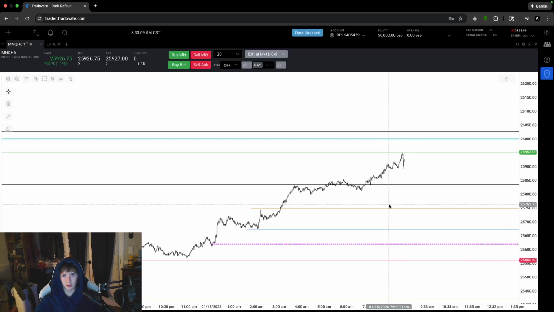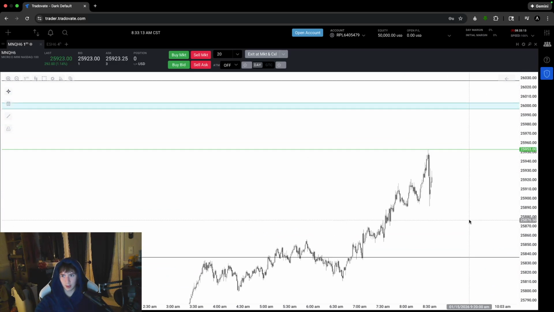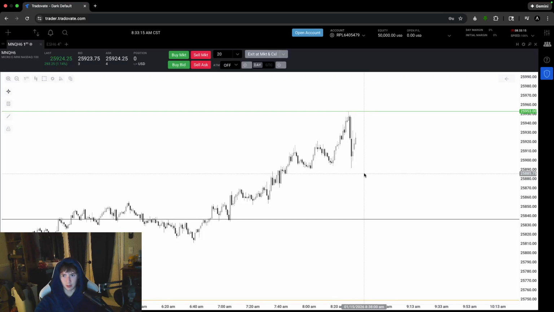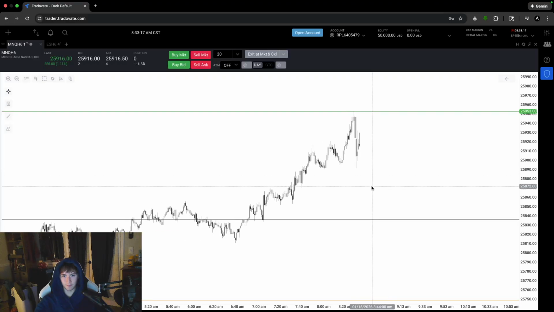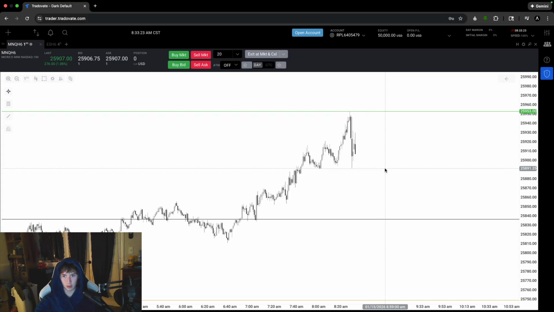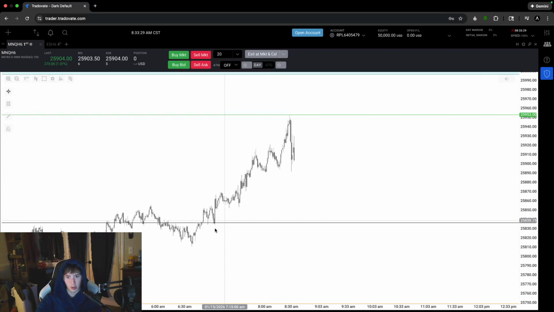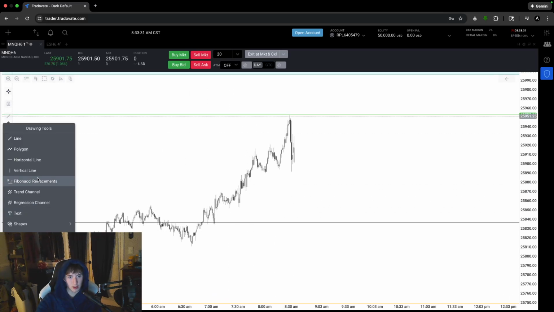So I really wish this volume profile would work. That would help a lot. Also, we can try this method.